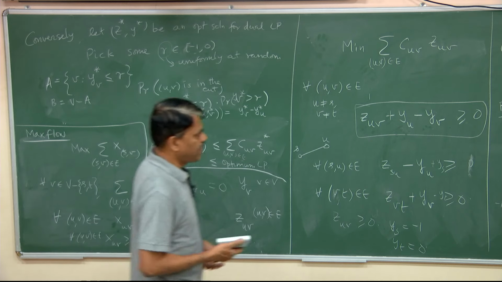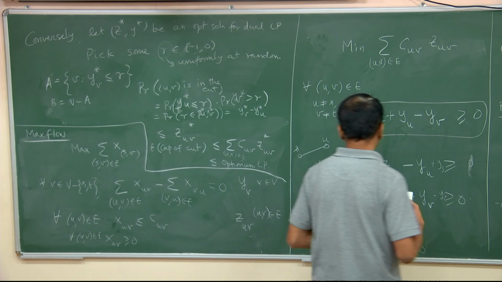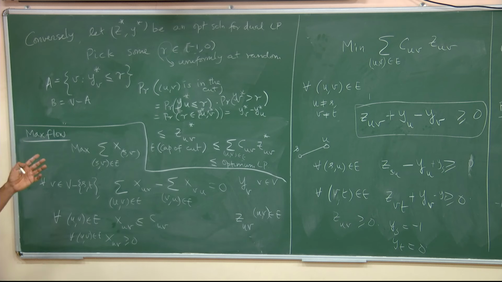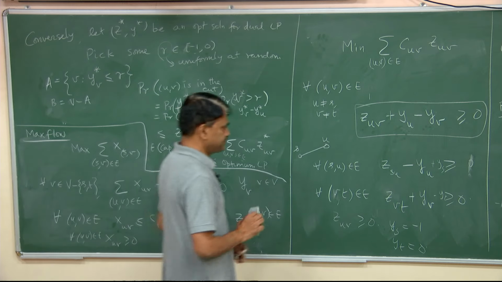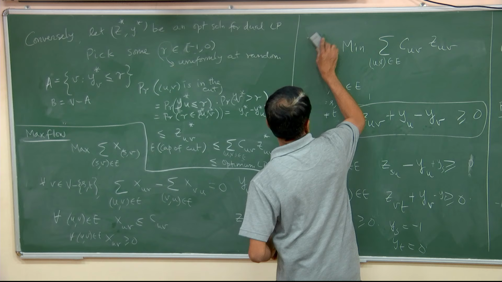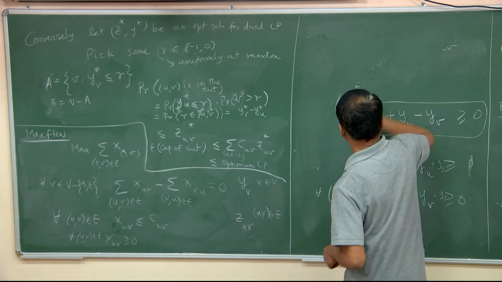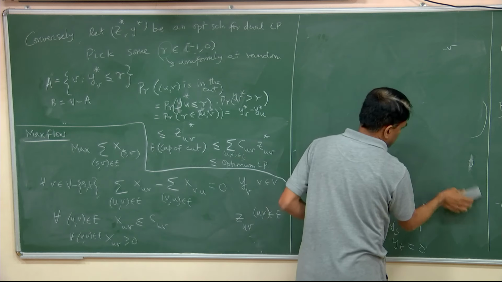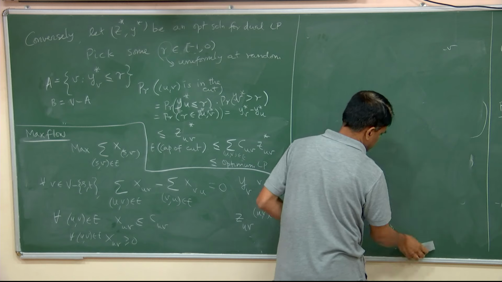This is true for bipartite matching, where we needed bipartite, and here for max flow it is just any directed graph. As a consequence, you have the max flow min cut theorem.